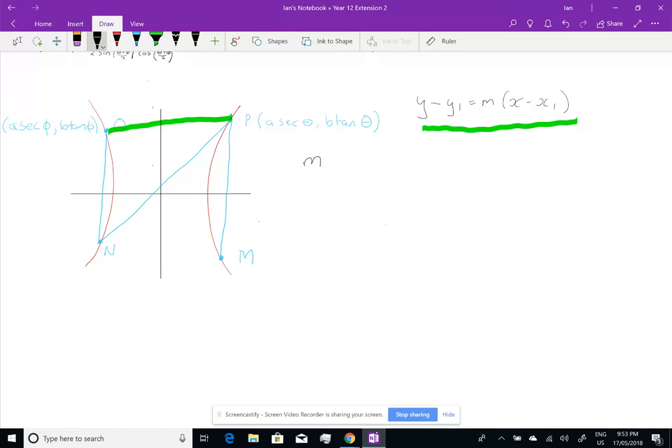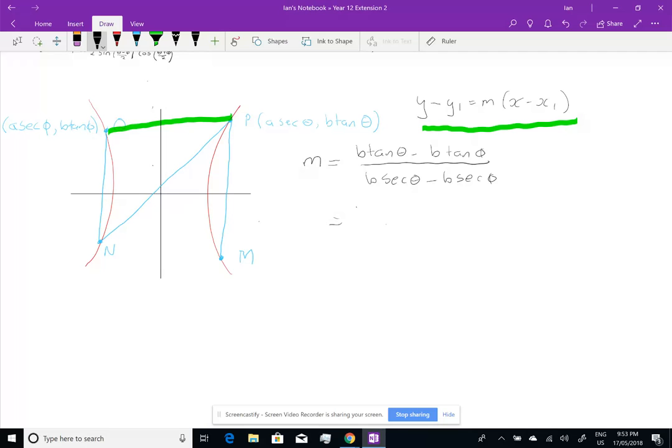So if we go m, the gradient, well, it's the y values. So we go b tan theta minus b tan phi over the x values, b sec theta minus b sec phi.